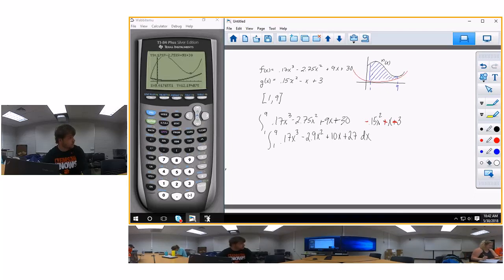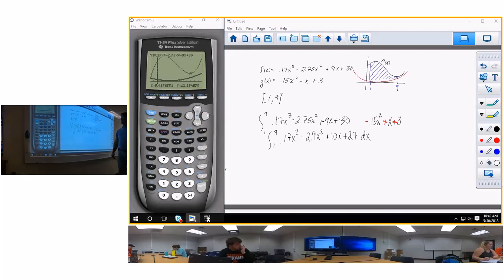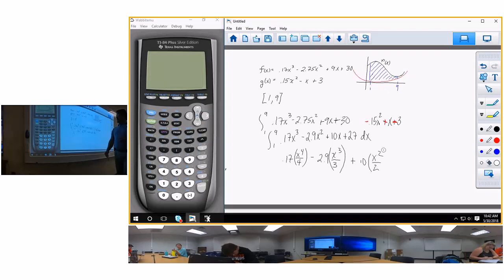Okay, so let's take the antiderivative. So this will be 0.17 x to the fourth over what? 4. And minus 2.9 x to the third over 3. Plus 10 x squared over 2. Plus 27x. Evaluated at 1 and 9. Now, if you want to go ahead and cancel, go ahead and do that.